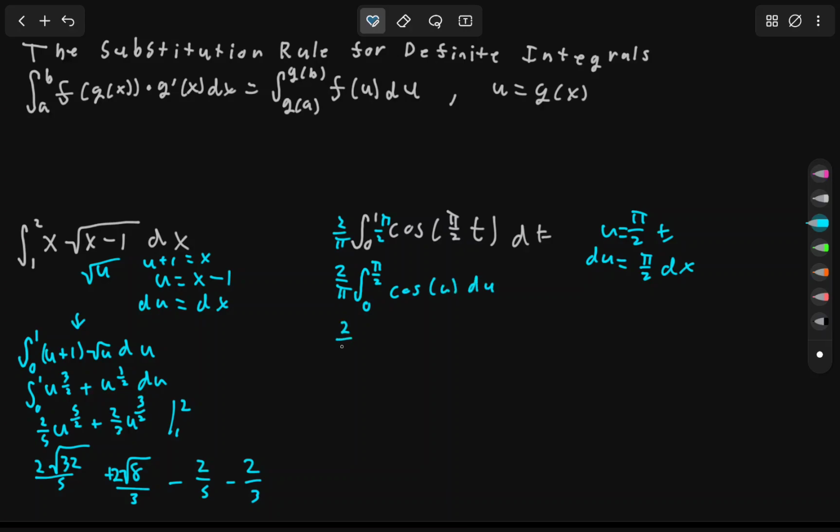So this is going to look like 2 over pi times the integral of cosine, which is sine of u, evaluated at pi over 2 and 0. Sine of pi over 2 is 1, and sine of 0 is 0. So we get 2 over pi for our answer.